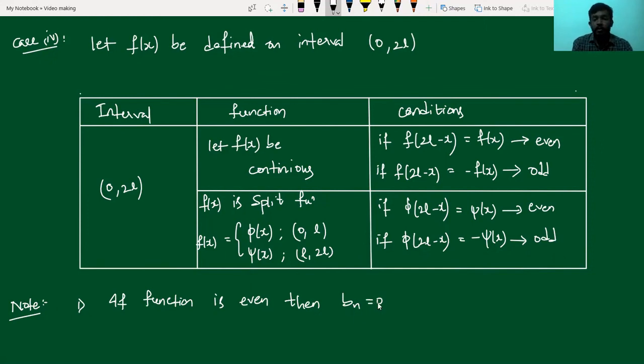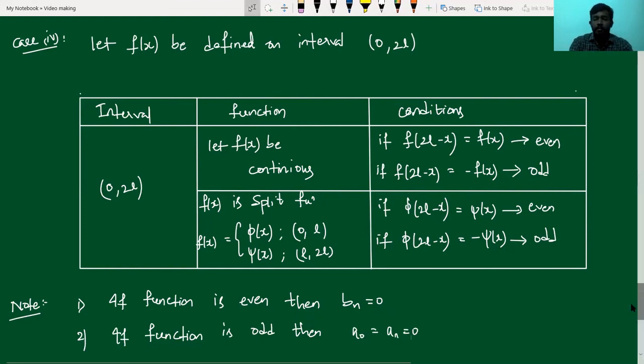We need not find bn. The second one: if the function is odd, then there is no need to find the Fourier coefficients a0 and an because both will be 0. Since we know these two results, we make use of the odd and even nature for different intervals. Thank you all.